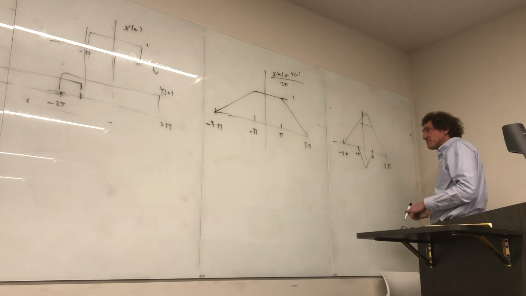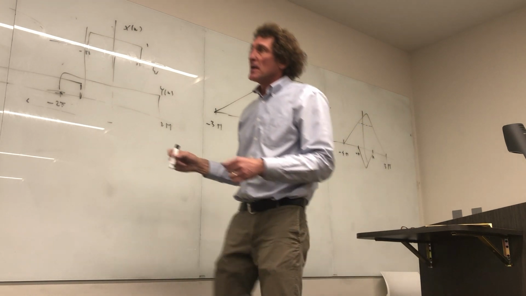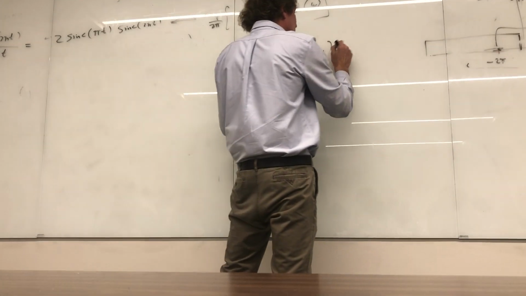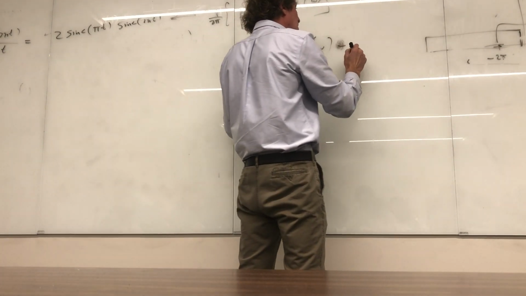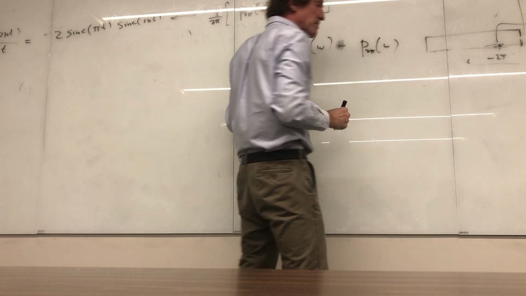Let's get the values. So what I'm going to do is say the mathematical statement for this will be triangle function with width 6 pi of omega. I'll get the constant in front of there in a second, and I'll just put it times a plus, or it's actually going to be minus a pulse function with width 2 pi centered at omega.